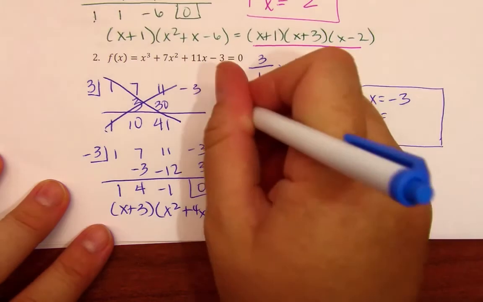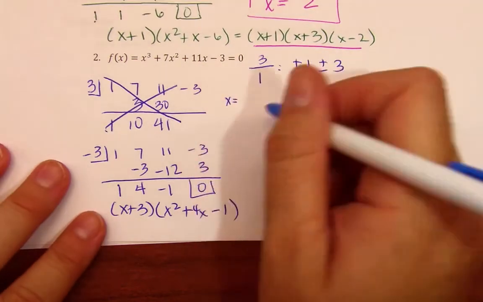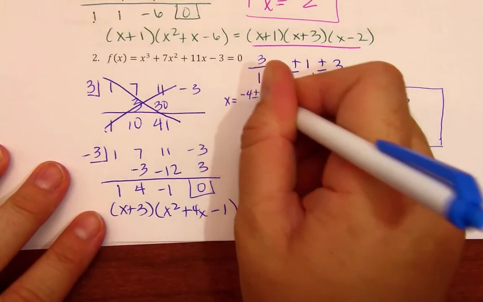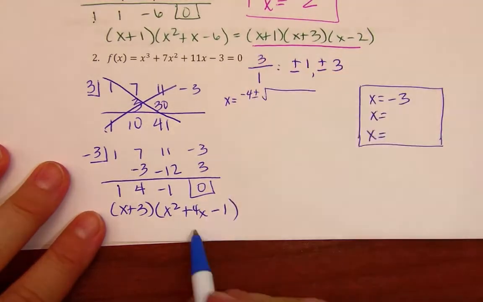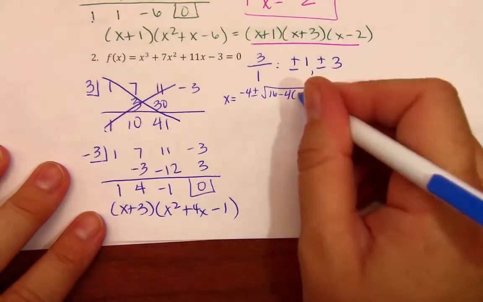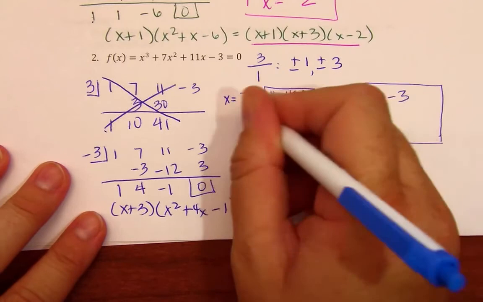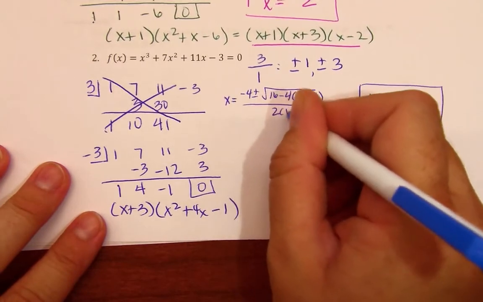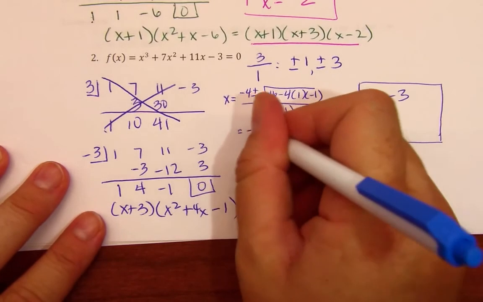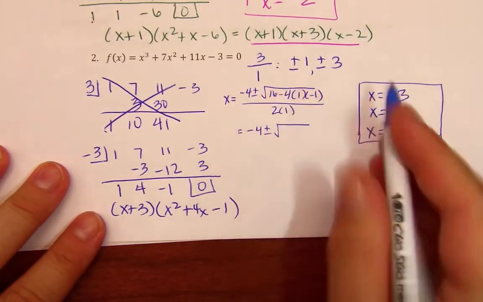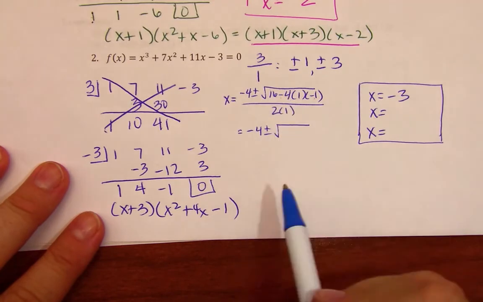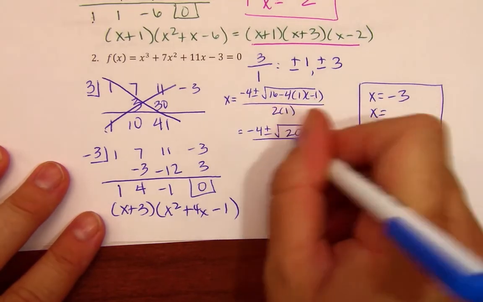So using the quadratic formula, x is equal to my negative b, which in this case is 4, so negative 4 plus or minus square root of b squared, so 16 minus 4 times a times c, over 2 times a. Now simplifying this, I have negative 4 plus or minus the square root, and a negative times a negative is a positive, so I have 16 plus 4 is 20 over 2.